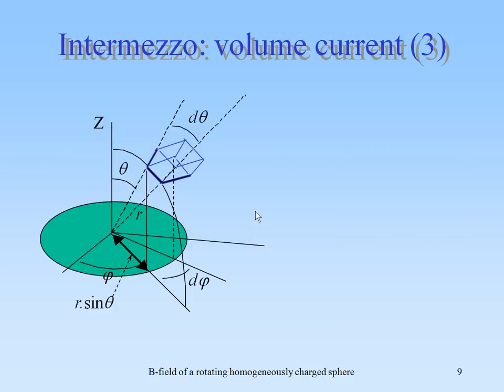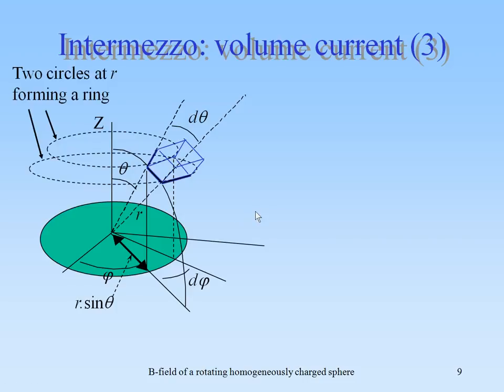Back to the sphere. Two circles at radius r form a ring, and this is the base of the volume element.